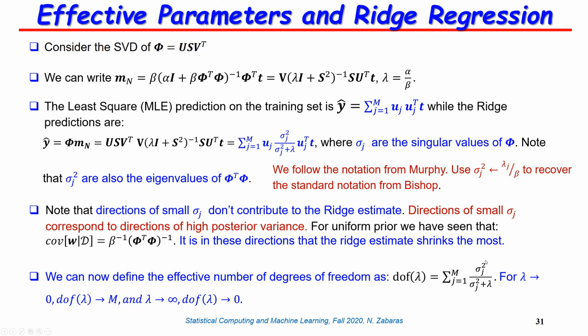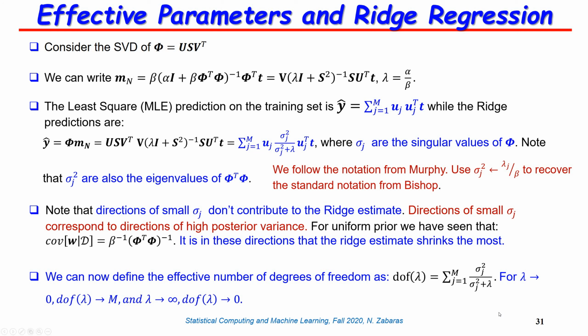So if sigma j squared in a particular direction is much less than lambda, then this term becomes 0. If sigma j squared is much bigger than lambda, then this becomes equal to 1.